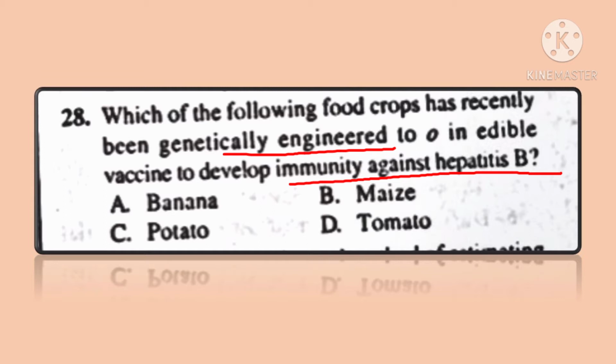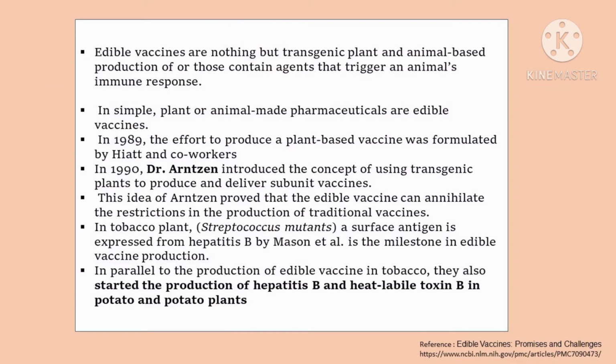What is an edible vaccine? Edible vaccines are nothing but transgenic plant and animal based production of antigens that trigger an animal's immune response. In simple terms, plant or animal made pharmaceuticals are edible vaccines. In 1989, the effort to produce a plant-based vaccine was formulated by Hiatt and co-workers.